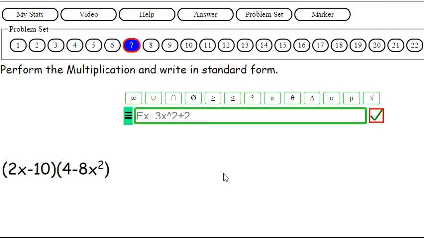And I'm going to sketch this one down real quick here. 4 minus 8x squared. Okay, got it. Form the multiplication right in standard form.